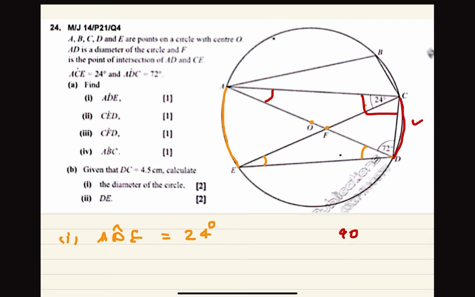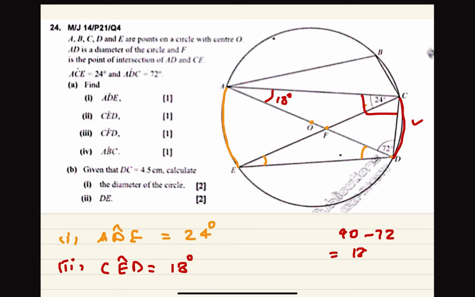That means 90 minus 72 is equal to 18. So this angle is 18 degrees, so the angle CED is also equal to 18 degrees.